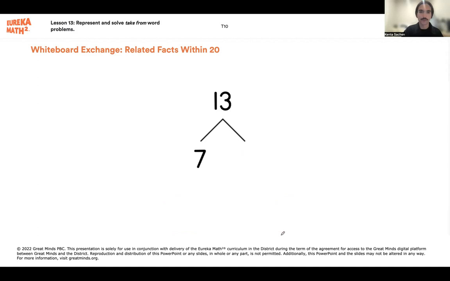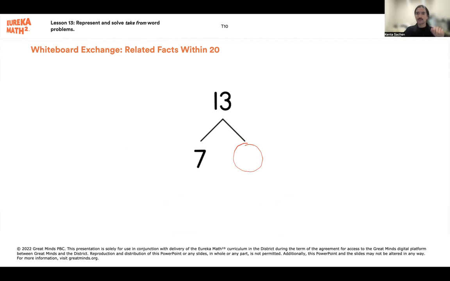Let's do another one. 13. 7 and what number is equal to 13? Count up or count down? Let's think. Give me a thumbs up when I see that you're ready. Yes, good job. What number with 7 is equal to 13?